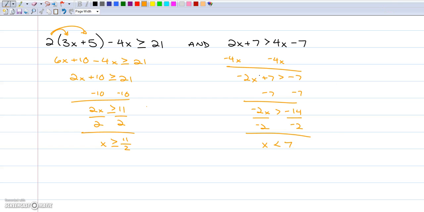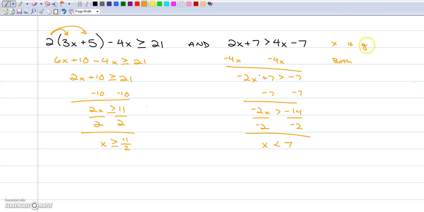So we have two possibilities right now. Actually, not two possibilities, two things that are required to happen in this particular problem. What we're saying is that both of these need to be true.